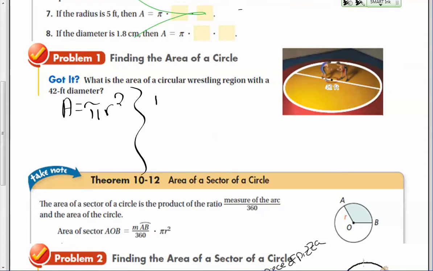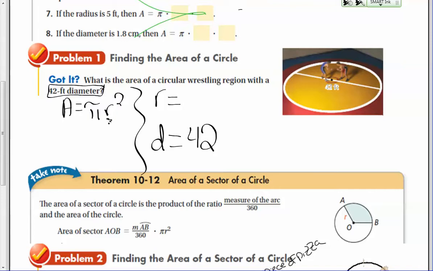I know I need the radius for this problem, but my problem is that I'm not given the radius. I'm given the diameter. And I got that from right here. So I just have to remember that when I go ahead and do my problem, he really does want the radius, so I'm going to have to cut my diameter in half.